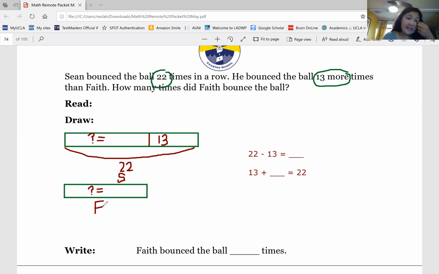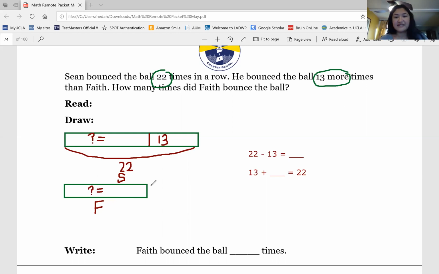Why did I label Faith as the shorter tape diagram? Who knows why I labeled Faith as the shorter tape? That's right. It's because Faith bounced the ball a fewer number of times than Sean, so Faith's tape is going to be a little shorter.